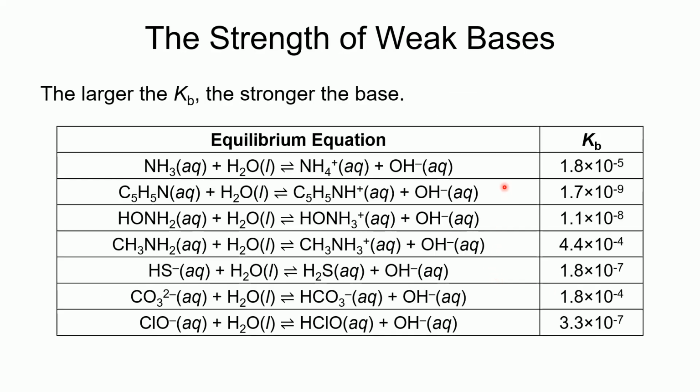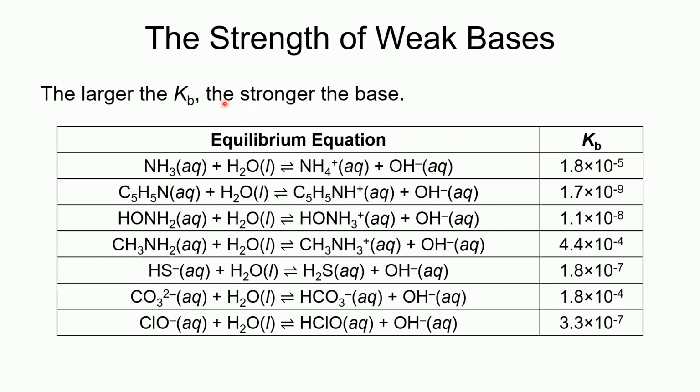So here is a short list of weak bases. Some of these are some of the nitrogen bases that I just showed you on Appendix D2, but some of them are the anion type. So here's HS minus, we have carbonate, hypochlorite. Those are all examples of things that act like bases.